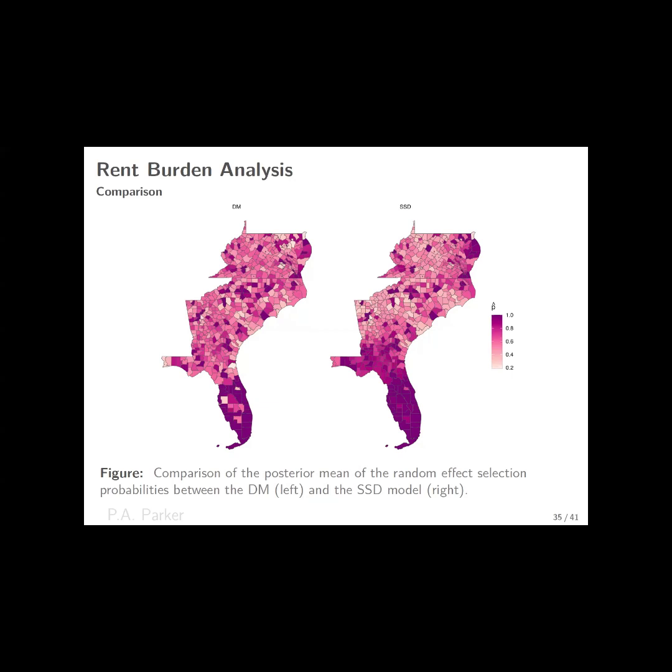These are quite high in this area down in Florida. They're lower in some areas. You can see spatial structure there, but they're not explicitly modeling that. Our model does explicitly model that dependence. And so if we make the same plot on the right, we see the same general spatial pattern, but a little bit smoother. And that's one reason why we think that our model is able to get more precise estimates than the DM model. And so that was an interesting comparison to make as well.